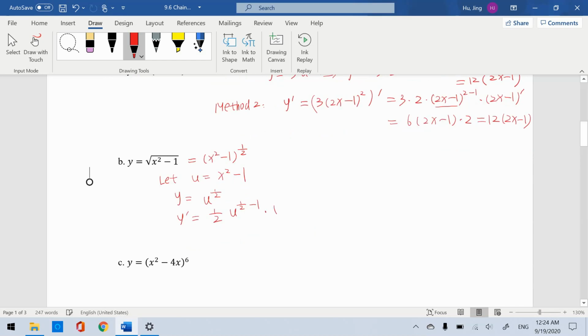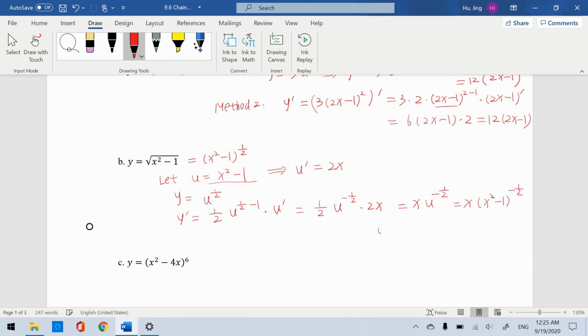Then don't forget that you need u prime, because the destination is x. What's u prime? u prime is 2x. So 1/2 times 2x is x, times u to the power of negative 1/2. Then what's u? u is x squared minus 1. Then you replace it back: x squared minus 1 to the negative 1/2.